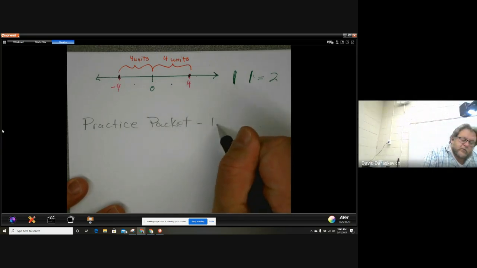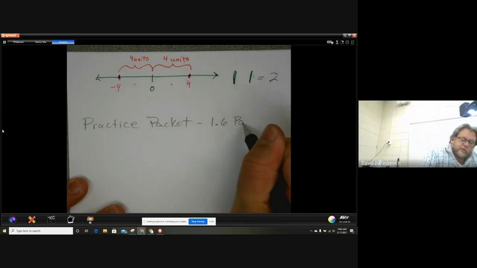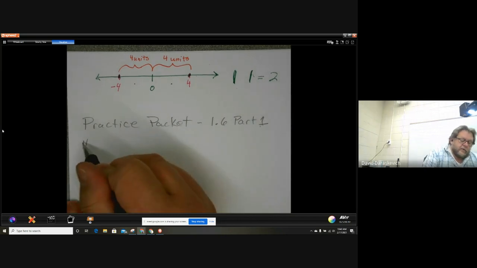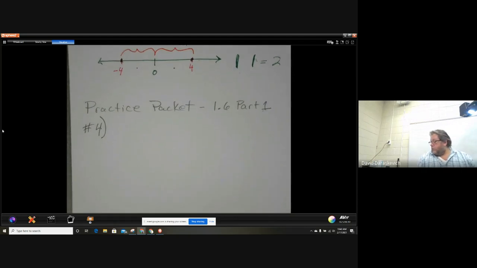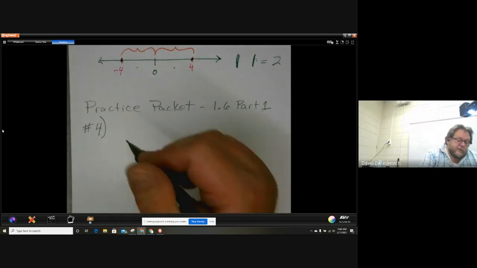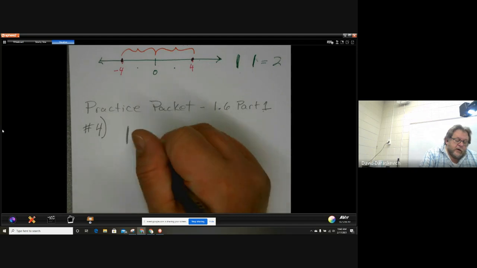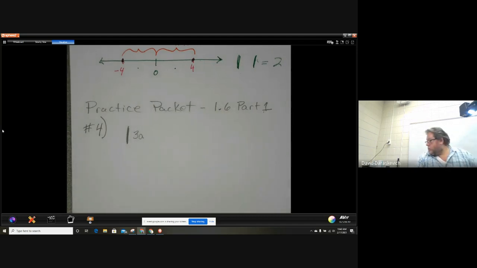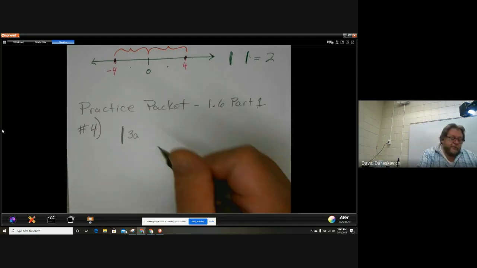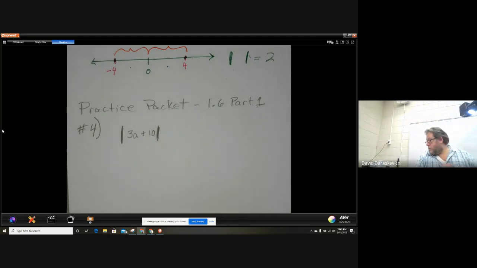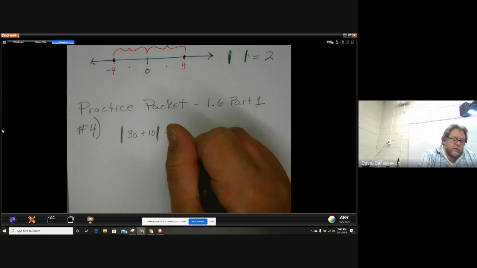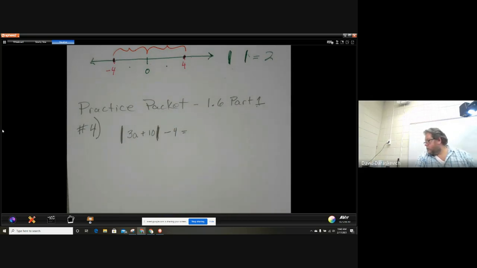And this is 1.6 part 1 and number 4. Okay, the problem is I have the absolute value of 3a plus 10 minus 4 equals 1.